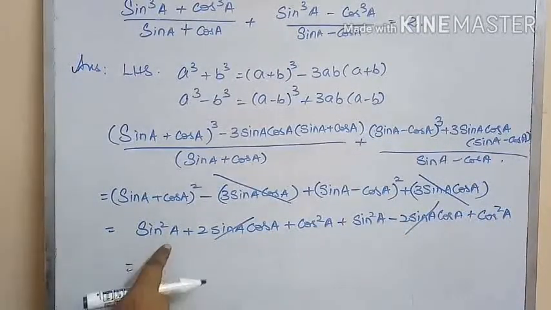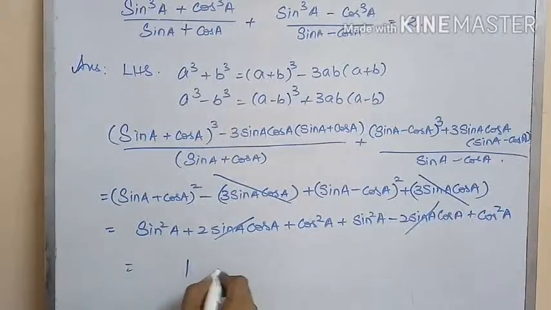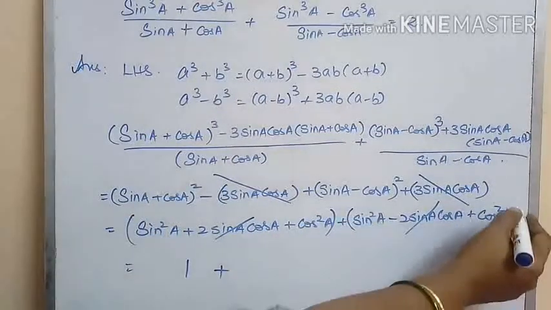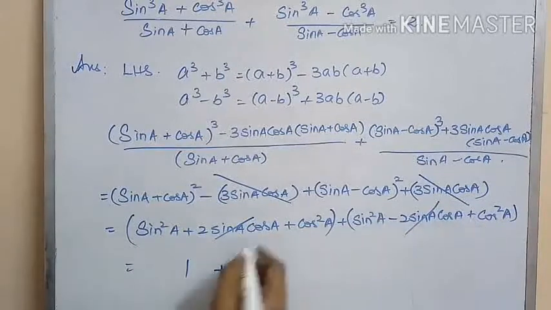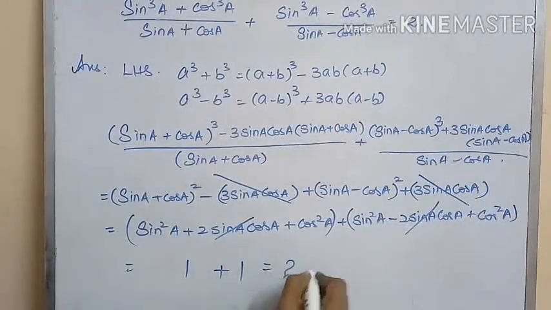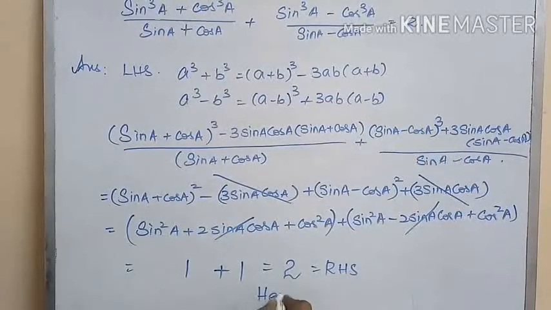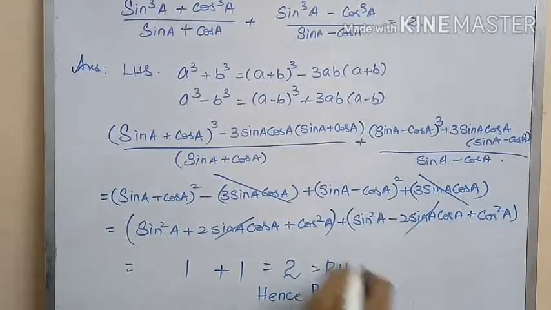Here minus 2 sin a cos a plus 2 sin a cos a gets cancelled. So we get sin squared a plus cos squared a, which is 1, and another sin squared a plus cos squared a, which is equal to 1. So 1 plus 1 is equal to 2, which is RHS. Hence we have proved the theorem.